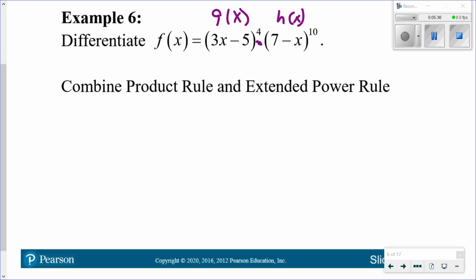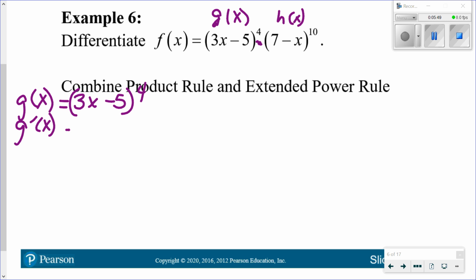All right, so let's go ahead and say g of x equals 3x minus 5 to the fourth. G prime, remember we need G prime, H prime to do our product rule.